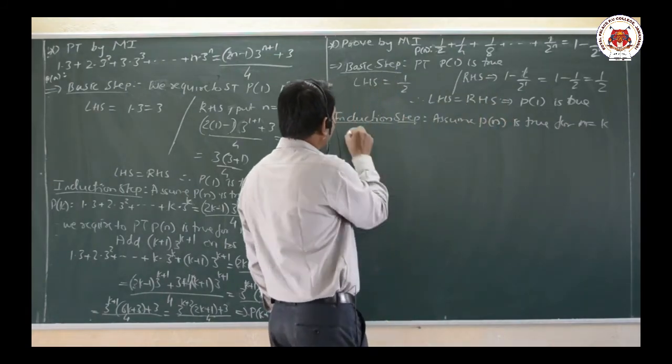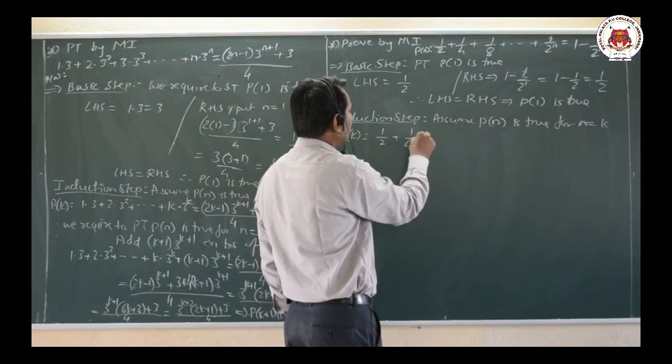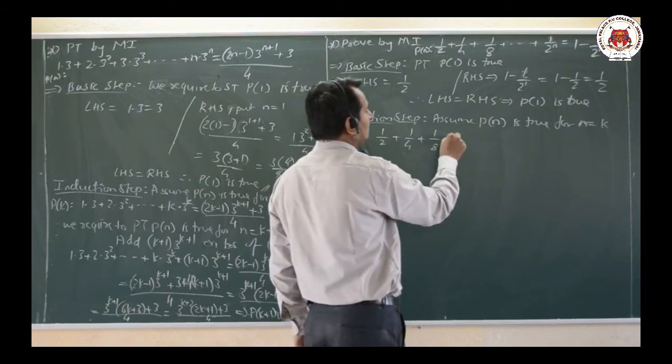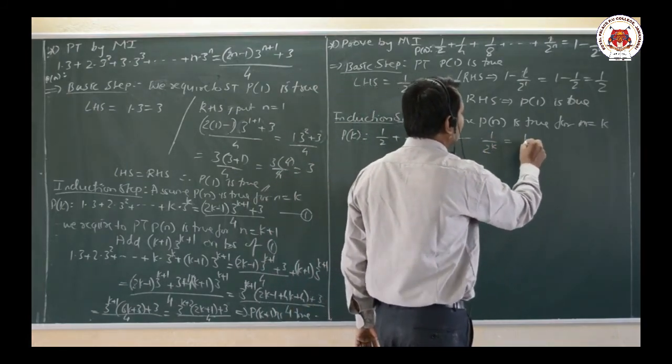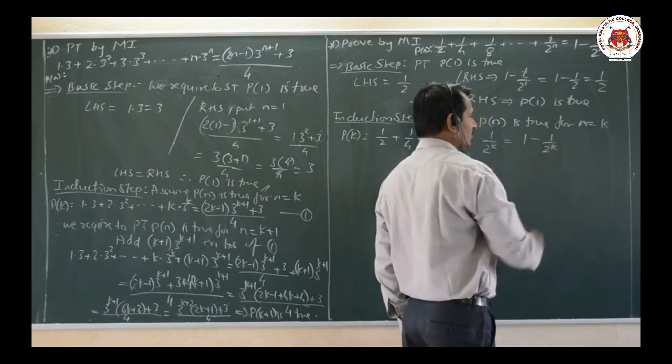That means we get here P of k: 1 by 2 plus 1 by 4 plus 1 by 8, that means 1 by 2 square, 1 by 2 cube, up to 1 by 2 raised to k, equal to 1 minus 1 divided by 2 raised to k here.